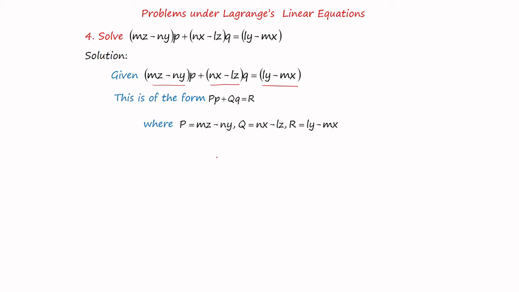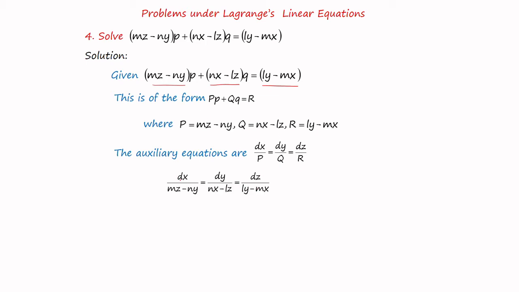Next we write the subsidiary or auxiliary equations, that is of the form dx by P is equal to dy by Q is equal to dz by R. After that, substitute the values of P, Q and R given in our problem: dx by (mz minus ny) is equal to dy by (nx minus lz) is equal to dz by (ly minus mx).